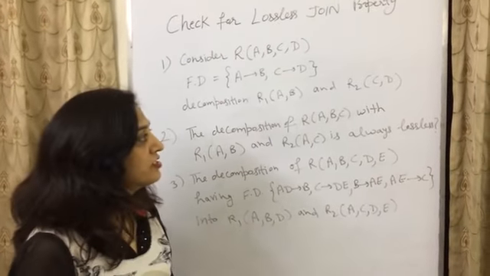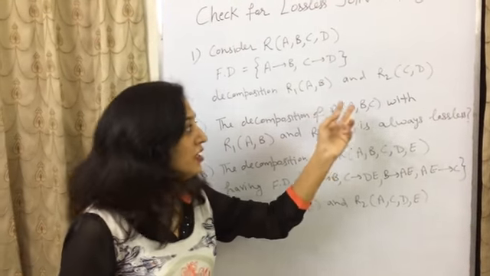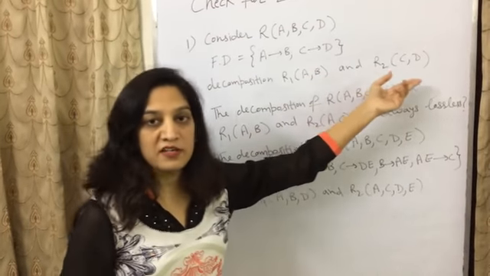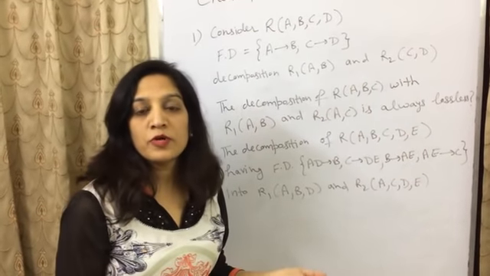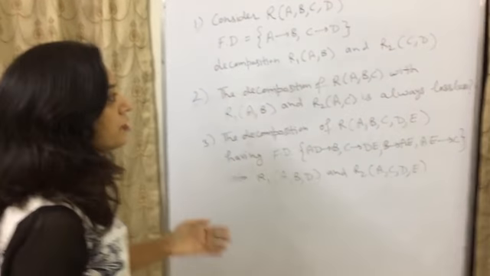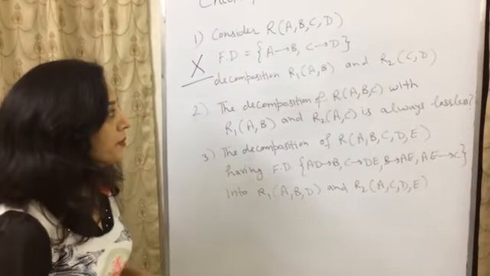The first condition was that there should be a common attribute between the decomposed relations. But here we will see that there is no common column. It contains AB, it contains CD. So because there is no common column, of course it does not satisfy the lossless join property.